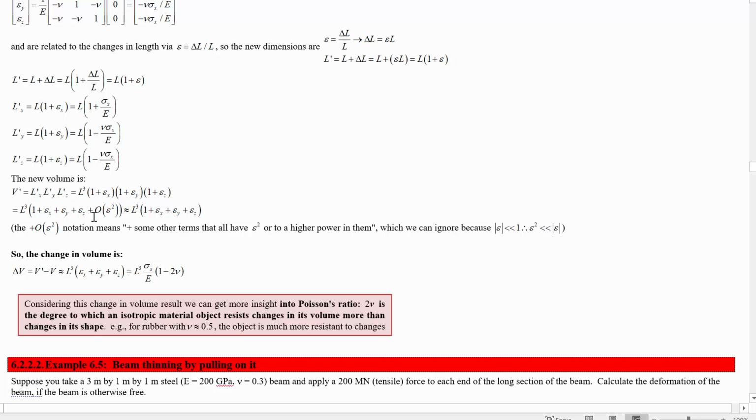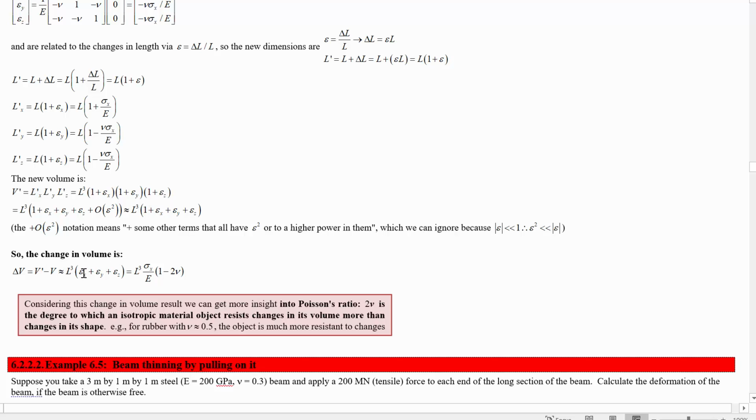So we can pretty much ignore that and say that the new volume is basically L cubed times 1 plus the sum of the 3 strains. So the change in volume, and this is why we even needed to keep the strains next to the 1, because that 1 is going to cancel when we figure out the change in volume. We'll have the original volume minus V, and that'll mean we're subtracting off just 1 times L cubed.